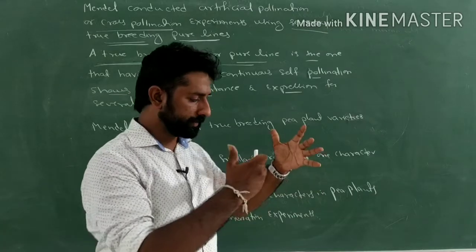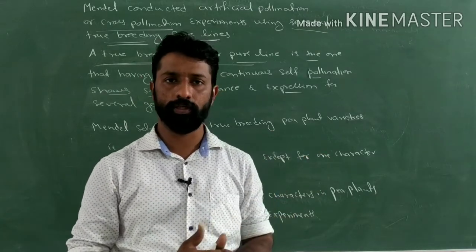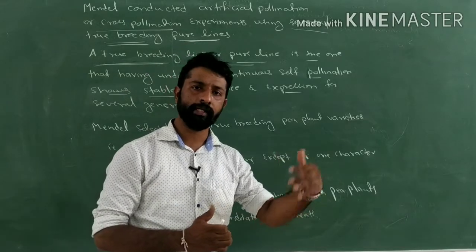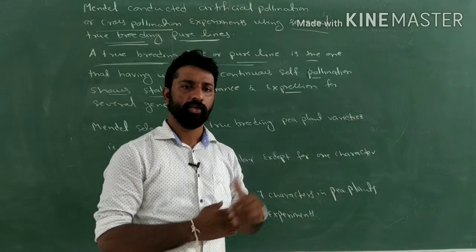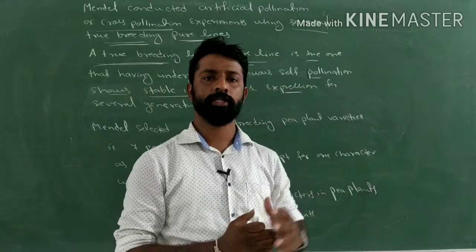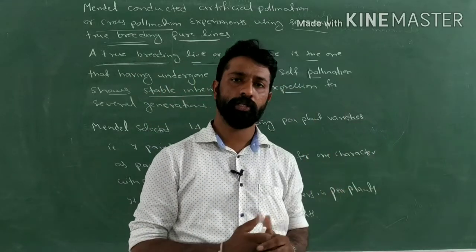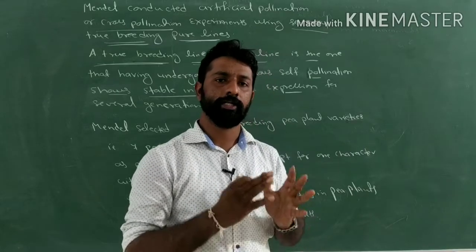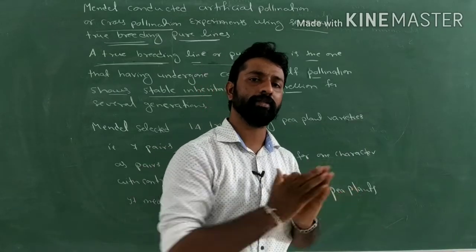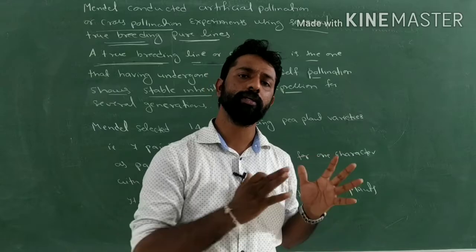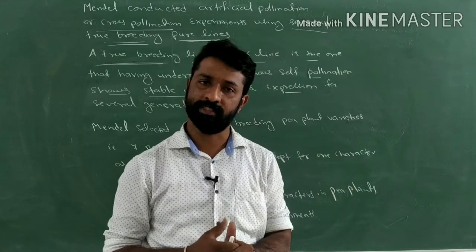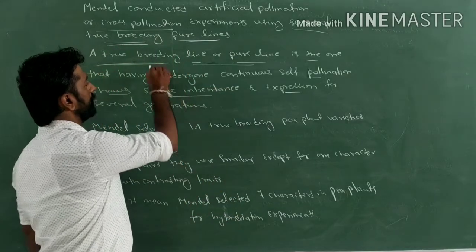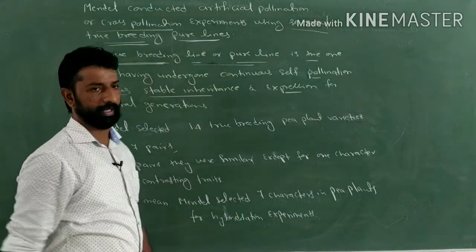Means what characters appear in the individual of the plant, the same characters without any differences or changes will appear in the next generation also, like that over several generations. It shows the stable inheritance of the characters and expression of the same characters over many generations. Such an individual is called a true breeding line or pure line.